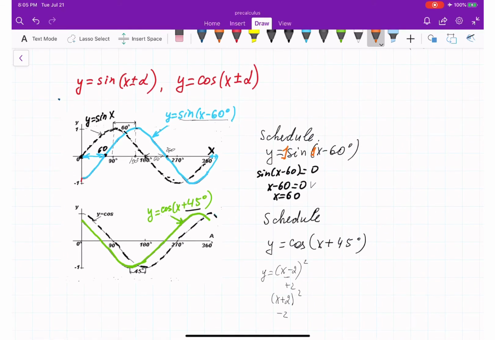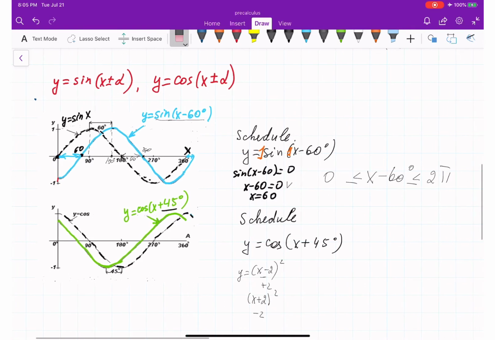So let's find our frequency, our period. x minus 60 degrees is greater than or equal to 0, less than or equal to 2 pi. Or, since we have 60 degrees, I'll put 360. I'll make it a little bit thicker so you can see, guys.